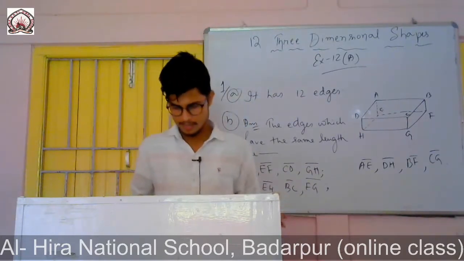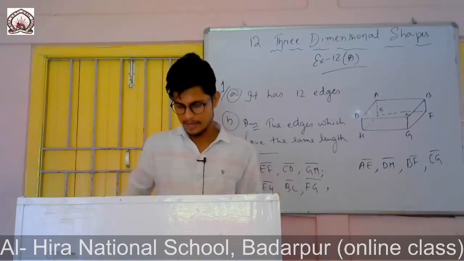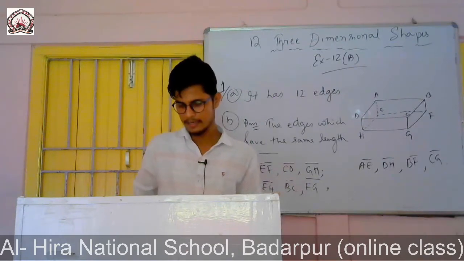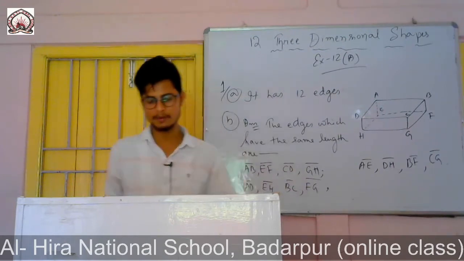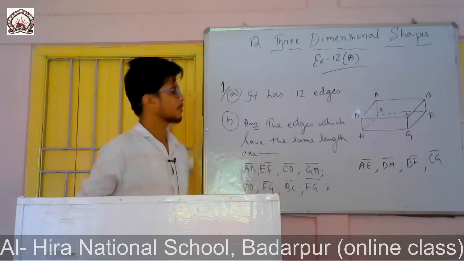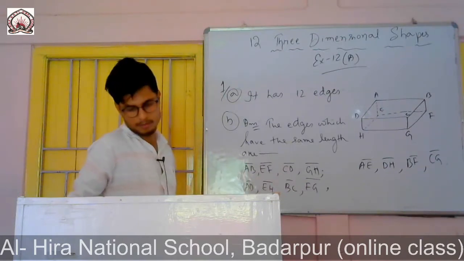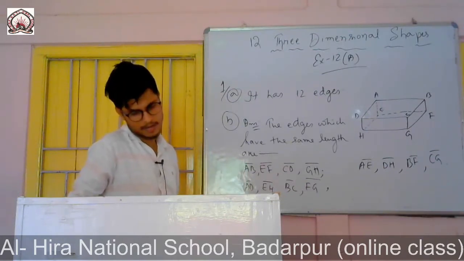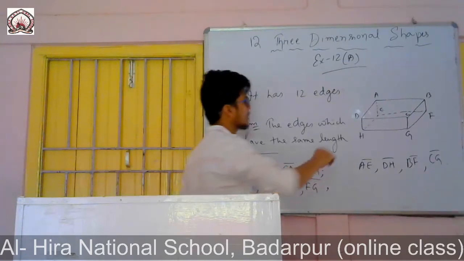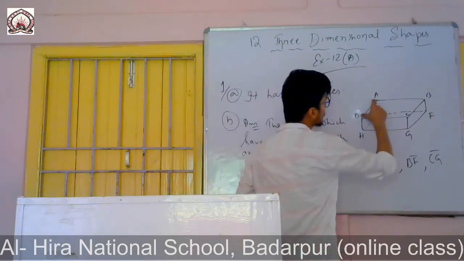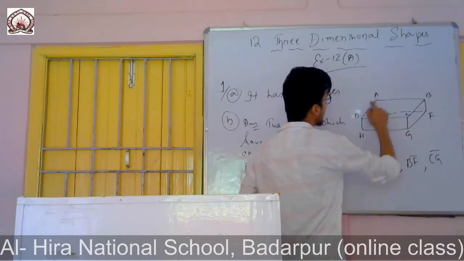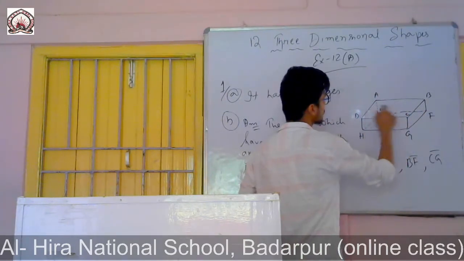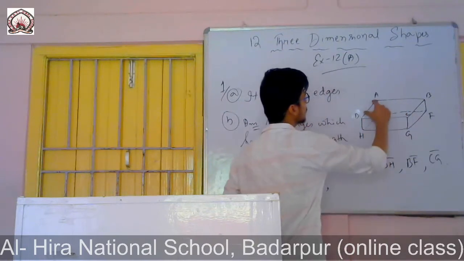Okay. Now question number C. Name all the edges in the drawing at the right and the face which intersects to form these edges. So you are to write one by one, so it will be a little lengthy. You are to write one by one face, and which rectangle is associated with that one. For example, if I write AD, with AD these two faces, ABCD and ADEH, are associated with this side.